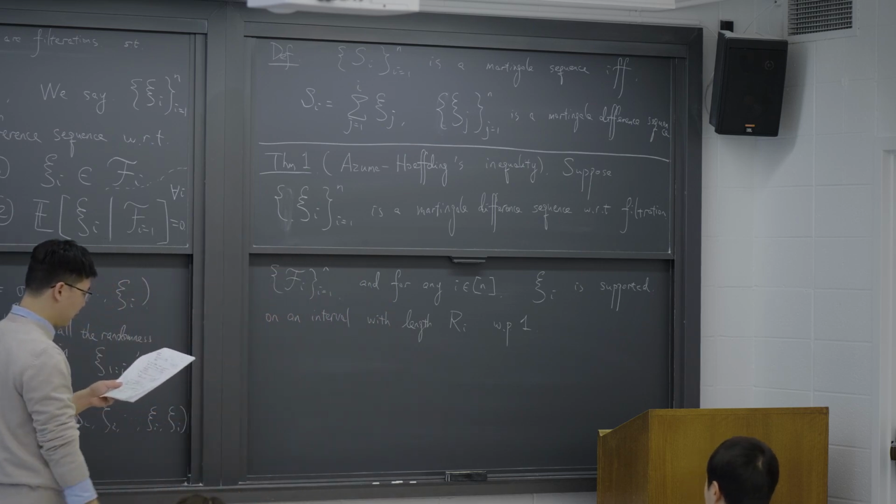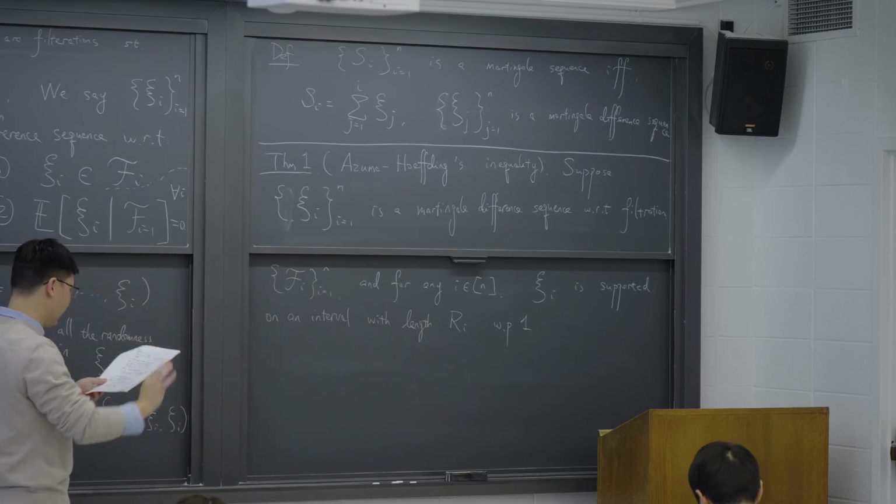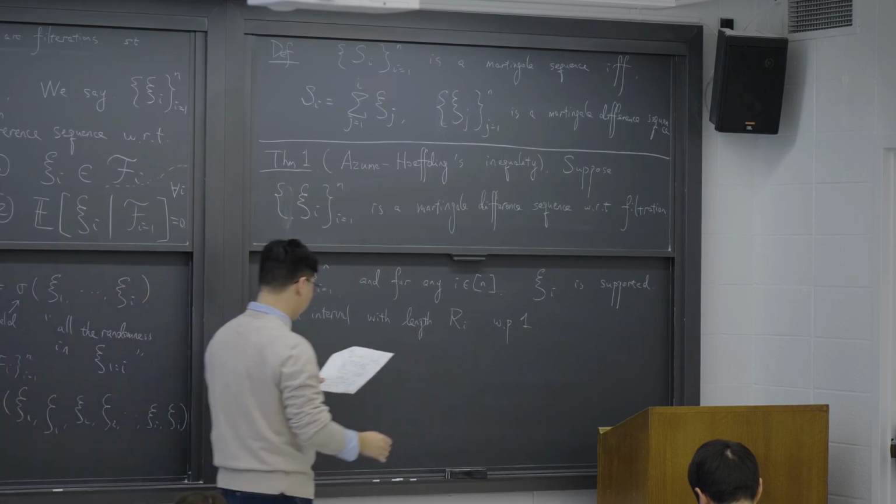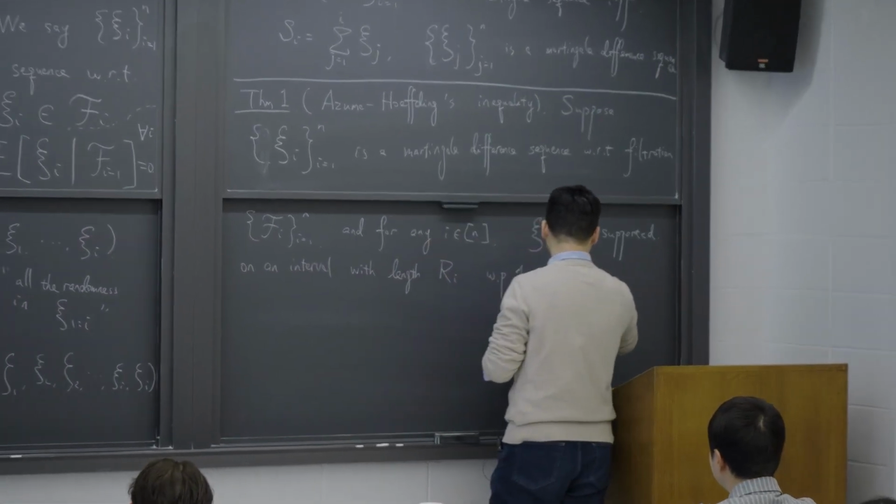For most cases, we just understand this as Ci being bounded. This is fine, and then we have essentially the same concentration inequality.